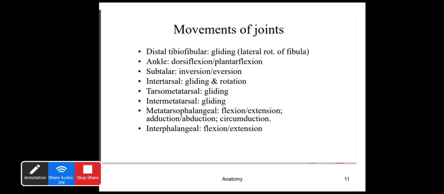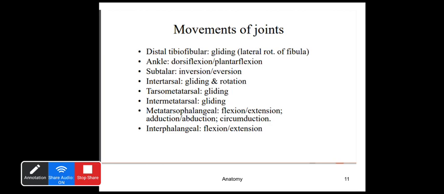Here gliding and rotation take place. At the tarsometatarsal joints we have gliding, and at the intermetatarsal joints, again gliding. So most of the joints of the foot have gliding and rotation. Coming to the metatarsophalangeal joints, we have flexion and extension, and also adduction and abduction, and all together the combination gives circumduction at the metatarsophalangeal joints.